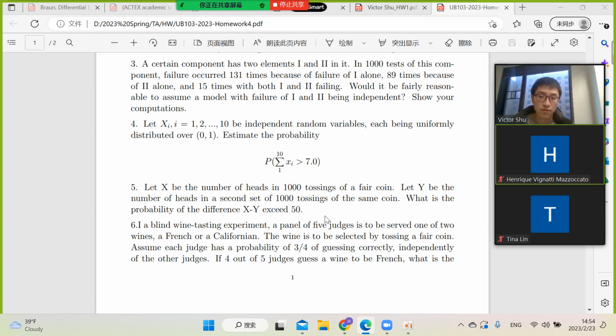So the expected value of x is 500, and the same applies to the random variable y. It's also 500. So the expected value of x minus y as a whole is 500 minus 500, which is 0. That's the expected value of your new random variable x minus y, which I can actually substitute into z. Let's suppose z equals x minus y, right? So the expected value of z is 0.